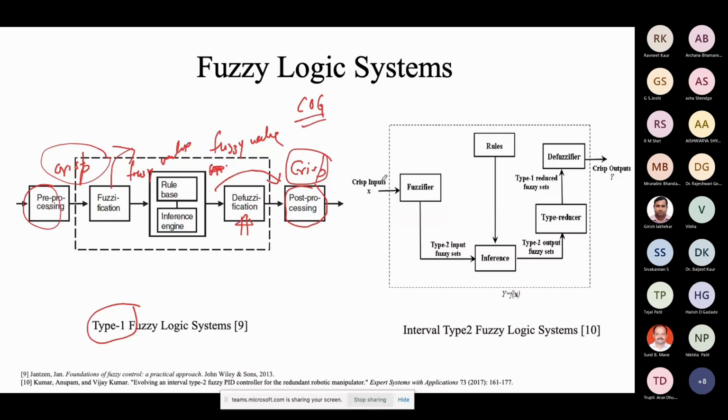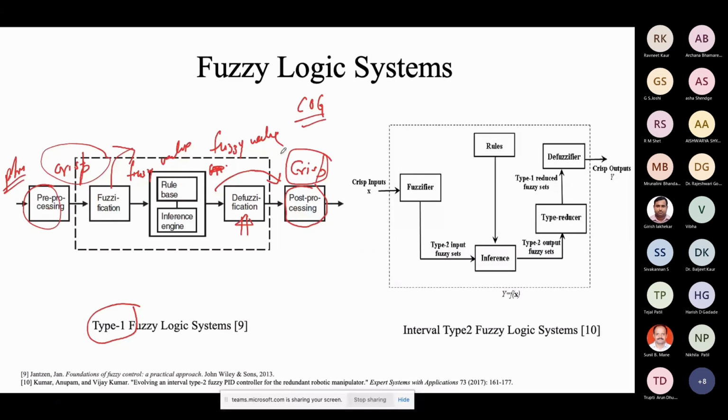So for now we have prior knowledge about what fuzzification, the rule base, and defuzzification are. Now our aim is to understand what the pre-processing block and the post-processing block are. The pre-processing block is mainly used to convert the physical or practical quantity into a crisp value which is applicable for the fuzzifier block.